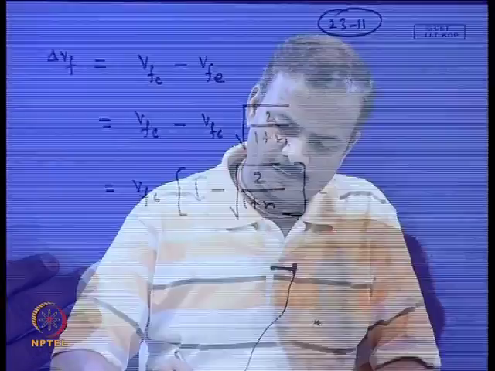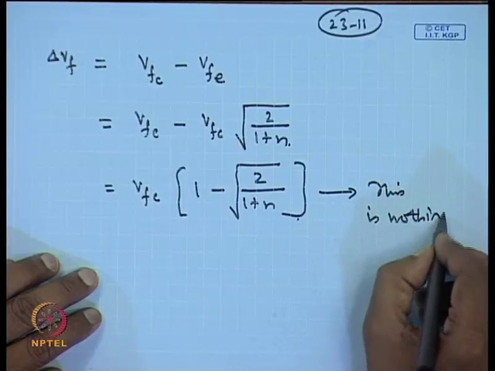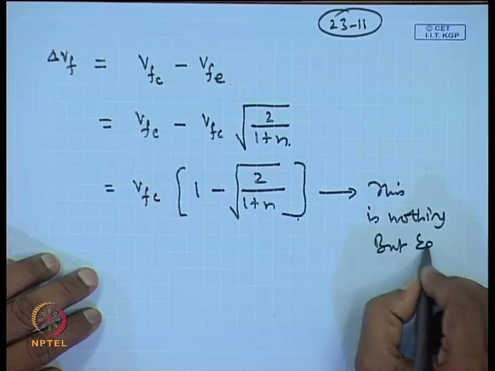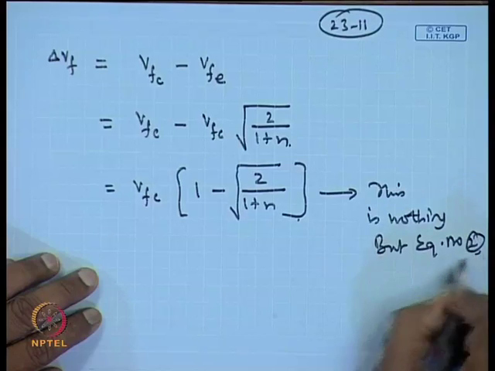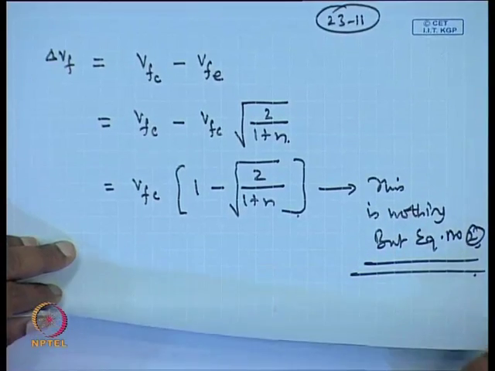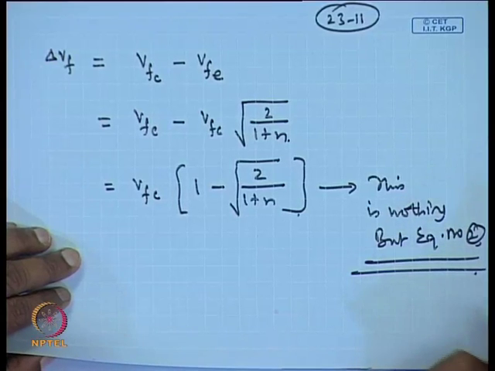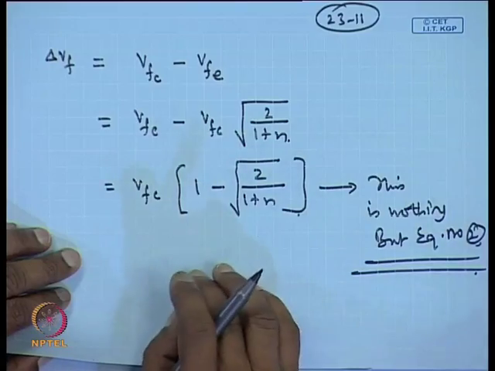So, this is nothing but equation number 2. Okay. Thus, we see that for the Hohmann transfer, the delta V I and delta V F that we computed using the energy method, the same thing can be worked out in a very short way using the equation for the velocity.